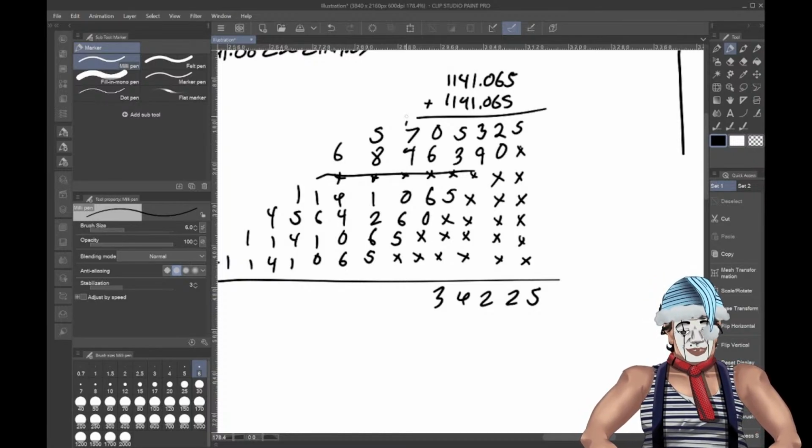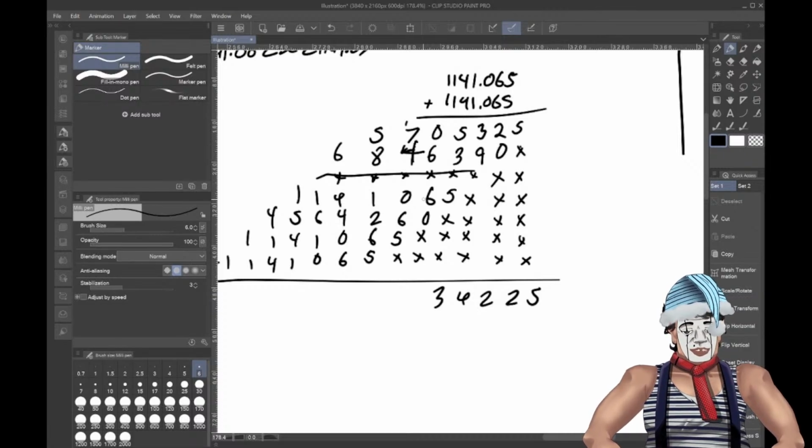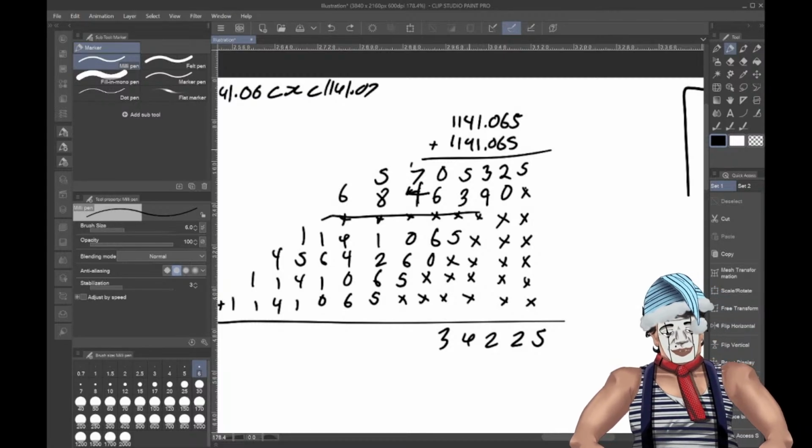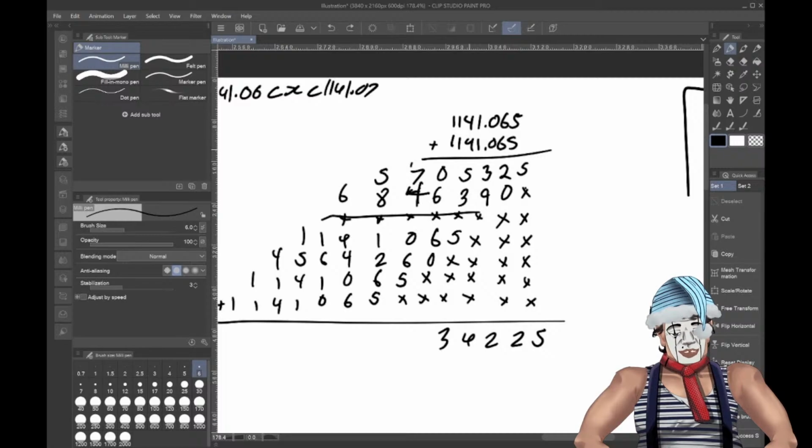This is 12. Wait a minute. No. 5, 2, 12. That's 1. 5, 2, 12. That's 14. Move the 14 over. That's 1. So it's 13.